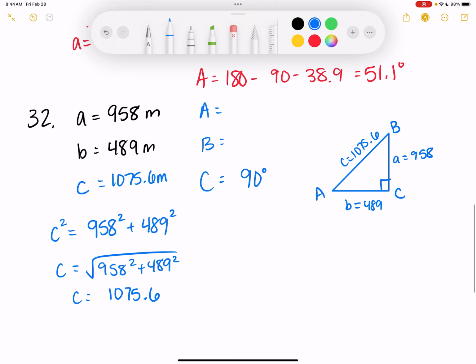So the tangent of A equals opposite 958 over adjacent 489. Take the inverse tangent of that. So A equals the inverse tangent of 958 divided by 489.